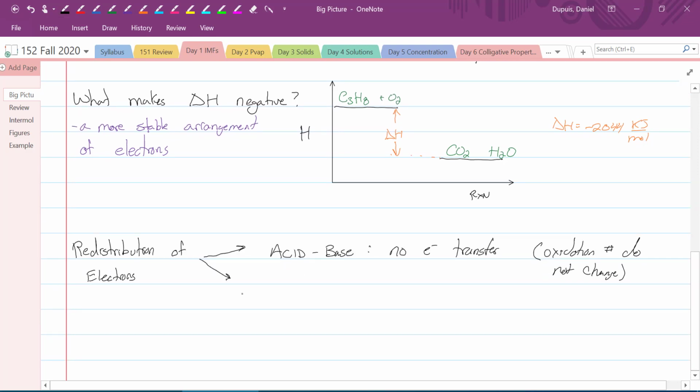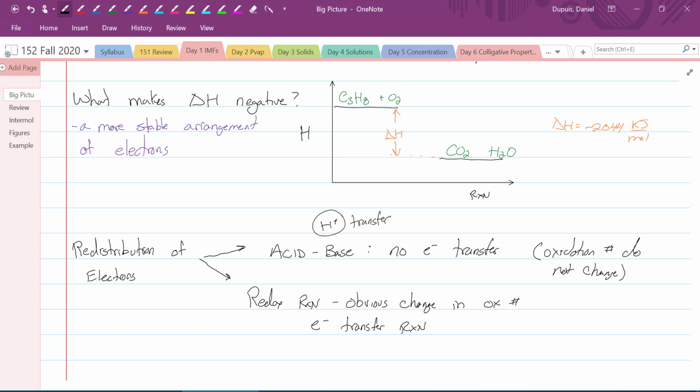And then there are, of course, redox reactions, where we have an obvious change in our oxidation number, because they are electron transfer reactions. So acid bases, a lot of times we're going to look at it as proton transfer, H plus transfer. So those are the two lenses we're going to look at reactions, and they do this to become more stable.